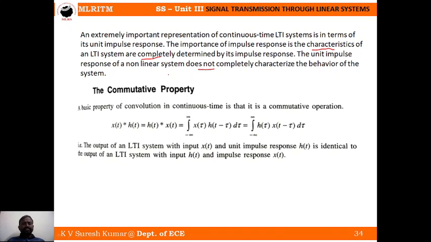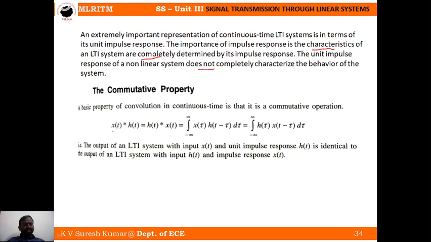So let us see some very important properties of LTI systems. LTI means linear time invariant system, so we'll be seeing only linear systems. The commutative property. What is the commutative property? If you multiply in any direction, you get the same answer.